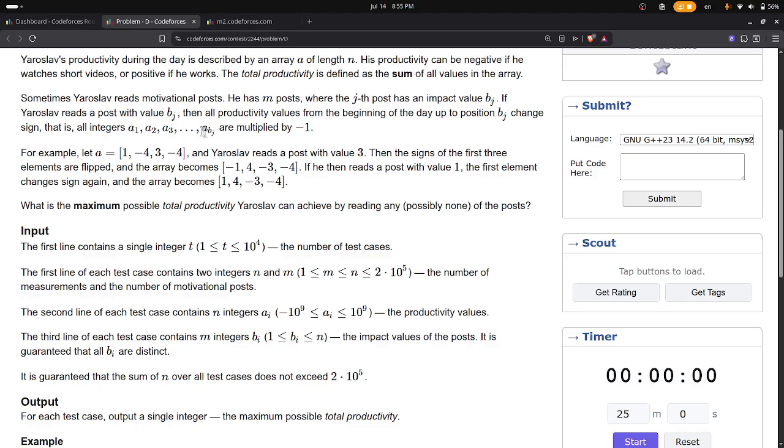For example, let Yaroslav read a post with value 3, then the sign of the first 3 elements are flipped and the array becomes this. If he then reads a post with value this, what is the maximum possible total productivity value Yaroslav can achieve by reading any possible posts?